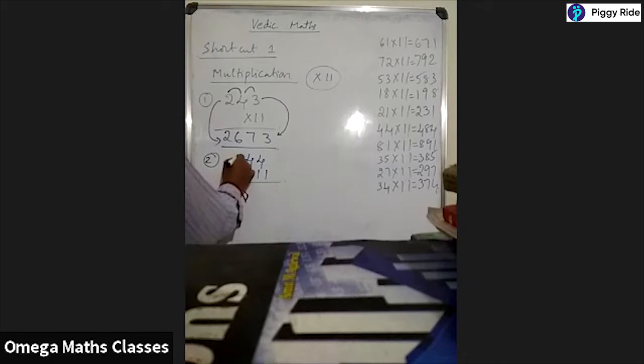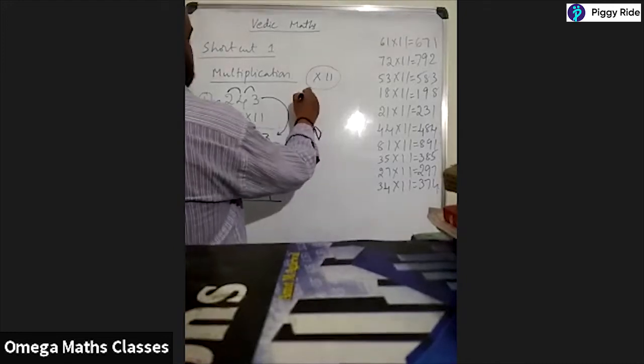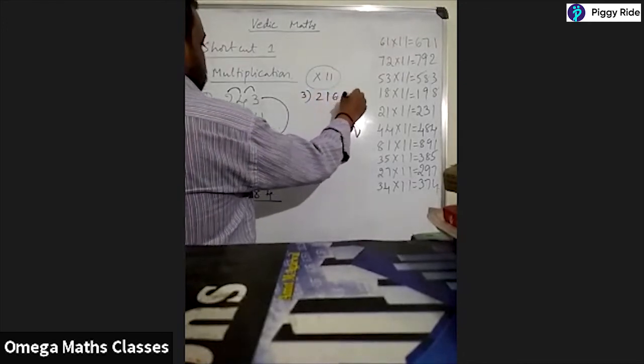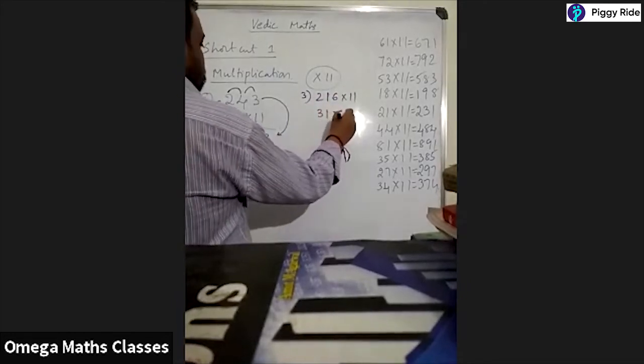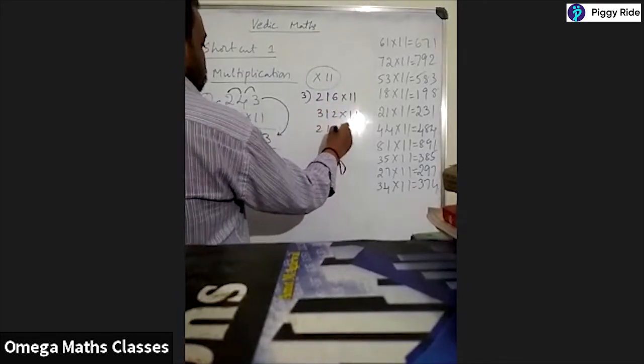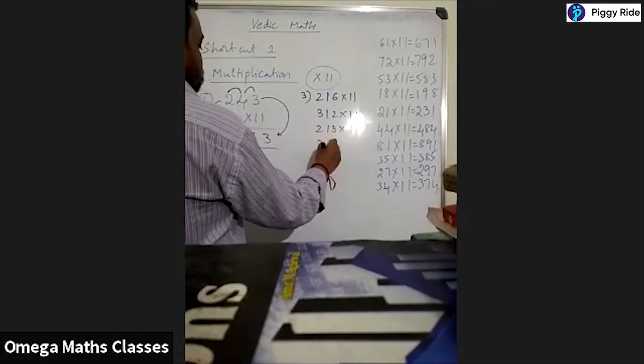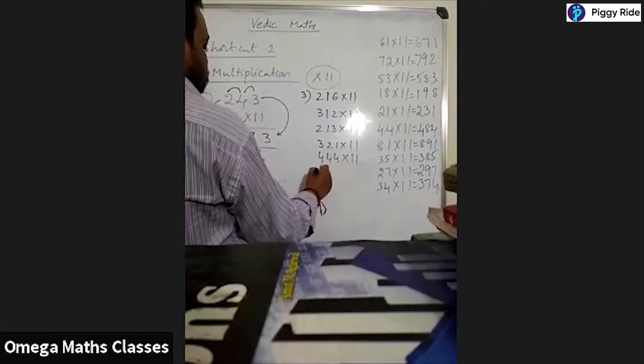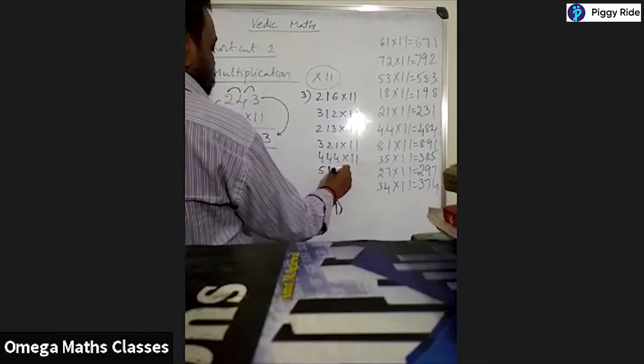1 plus 4 is 5. 4. So 1584. Try these sums.